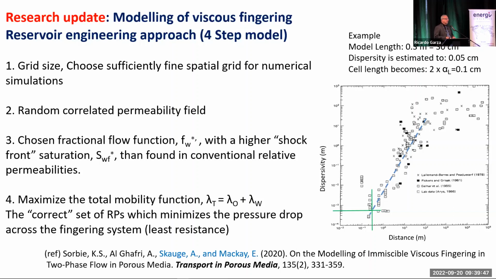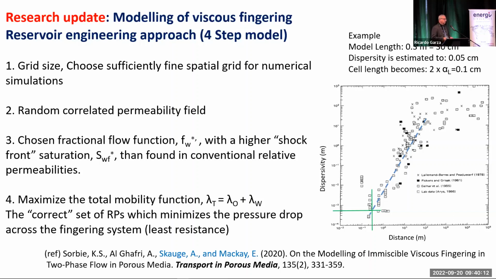Another precondition we need for viscous instability is a random correlated permeability field. This is not so complicated as it looks, and you could a priori generate a random correlated permeability field.